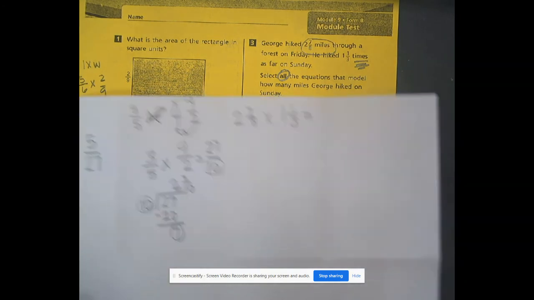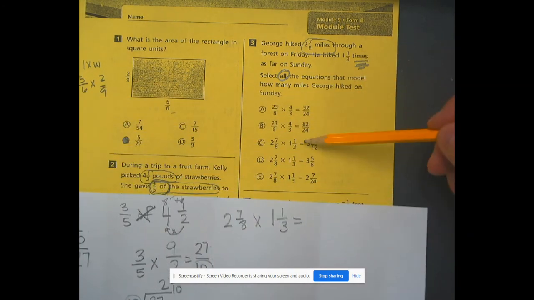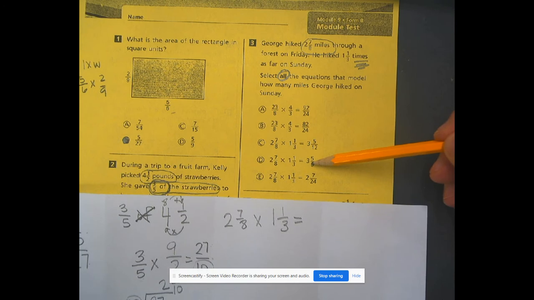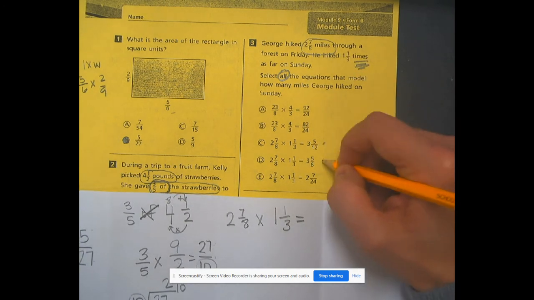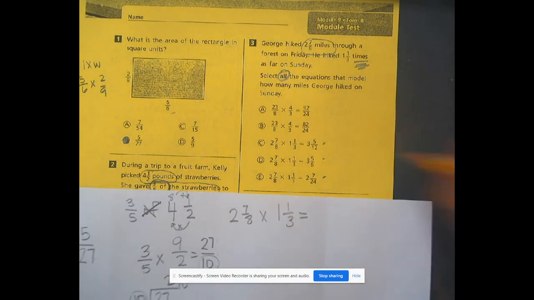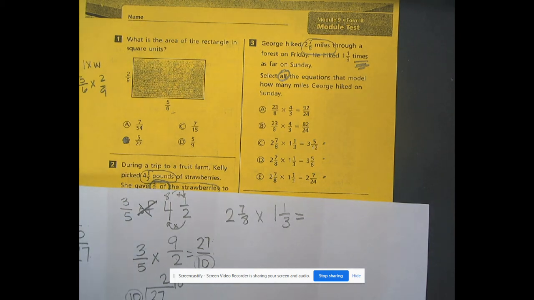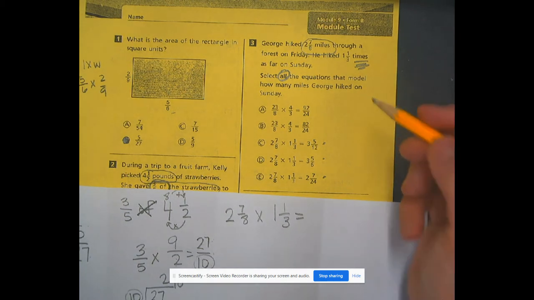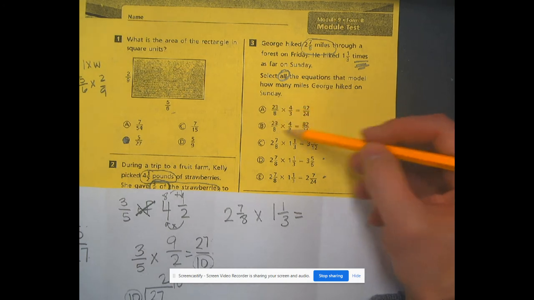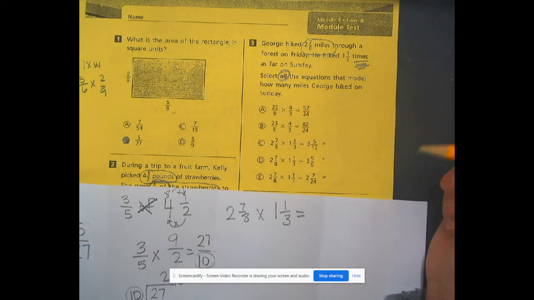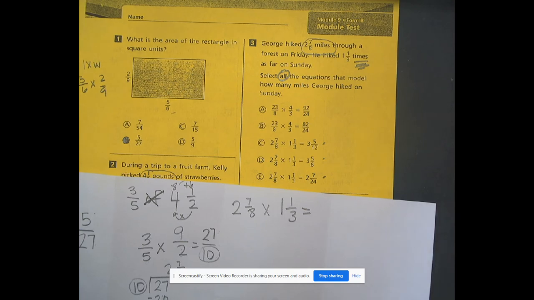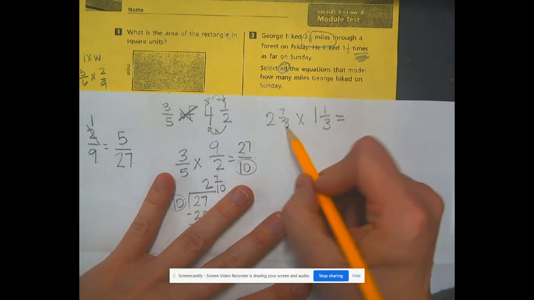Right? Okay, let's see if those are any of our options. So that's this one, that's this one, and that's this one. So it looks like we need to solve first before we can come up with the answer. Now what have they done here? They've made it into improper fractions, so let's do that. Here we go.